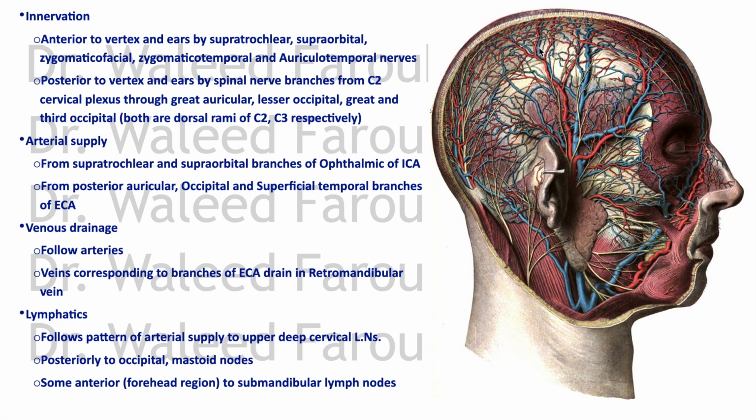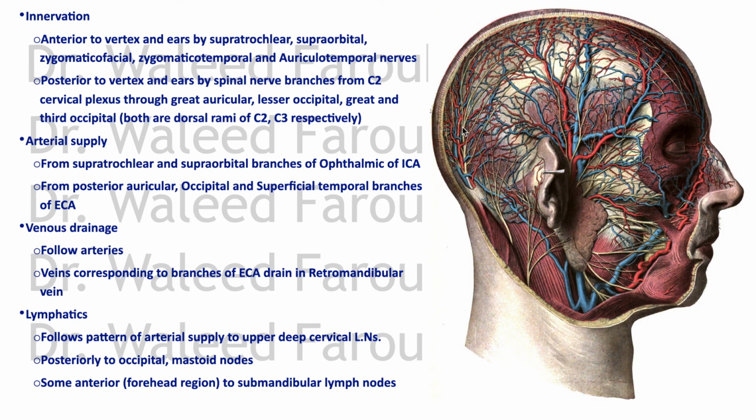Behind the level of the vertex, we will get the great auricular nerve. See, it supplies part of the scalp behind the ear. We will get the lesser occipital nerve, another area in the scalp. Remember, all these are anterior primary rami. They are branches of the cervical plexus, okay? Ventral rami, excellent.